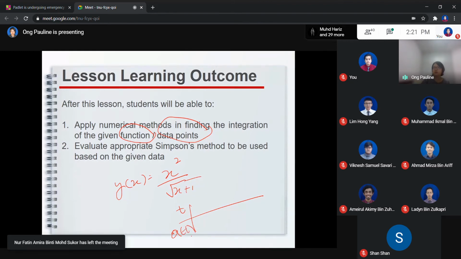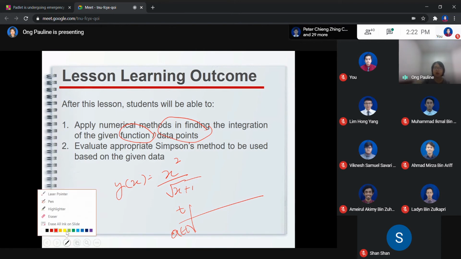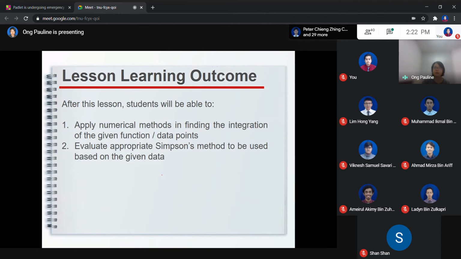Either you know the function or you have a set of data points, you should be able to apply any of the numerical methods, either Simpson's or the Gauss quadrature, or the trapezoidal rule, to find the integration.